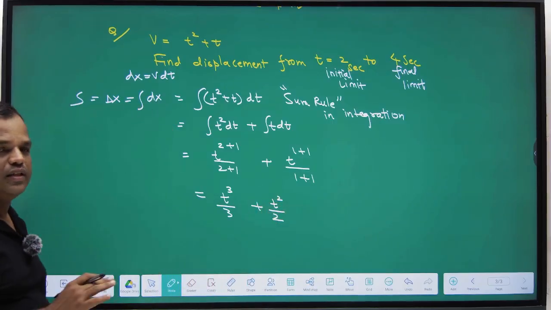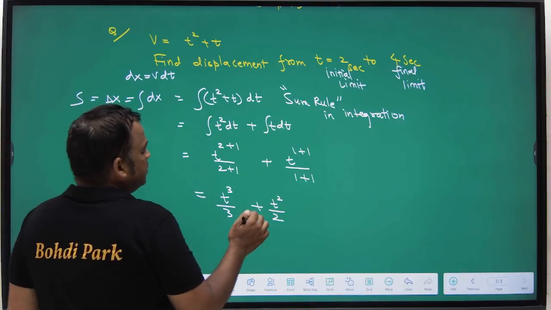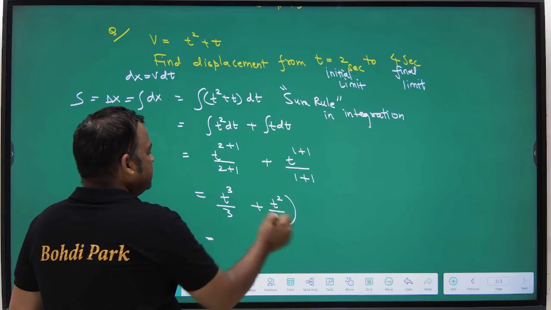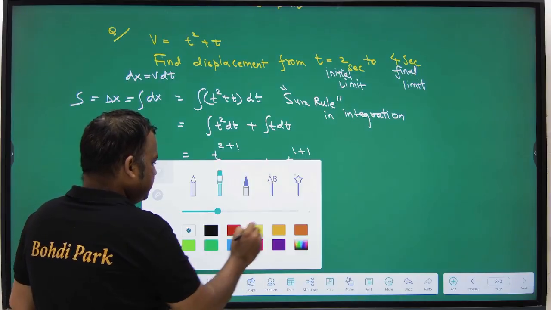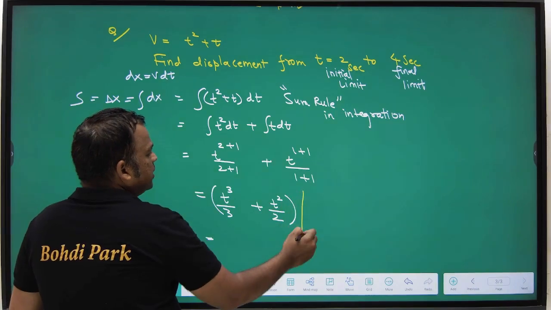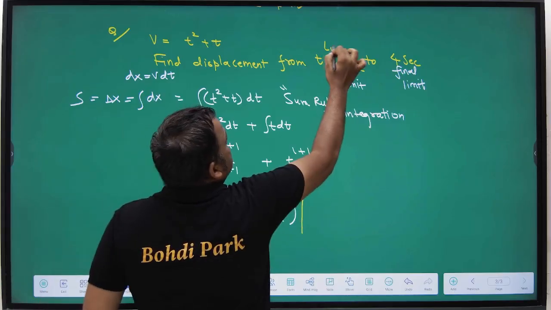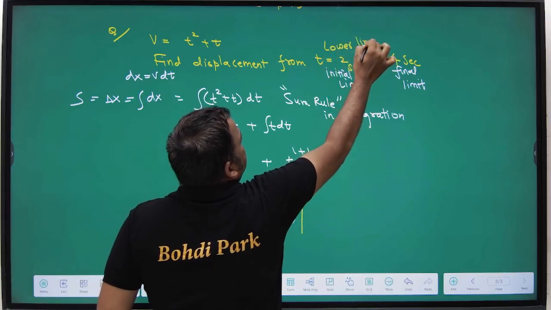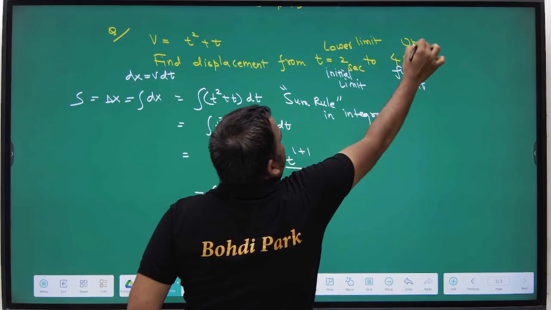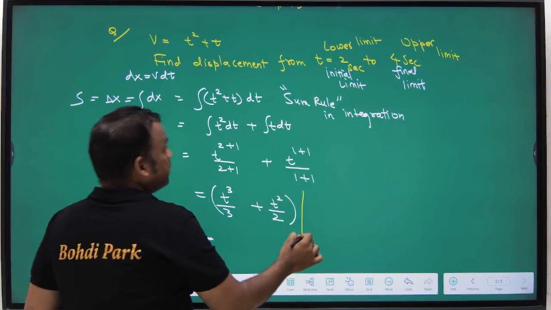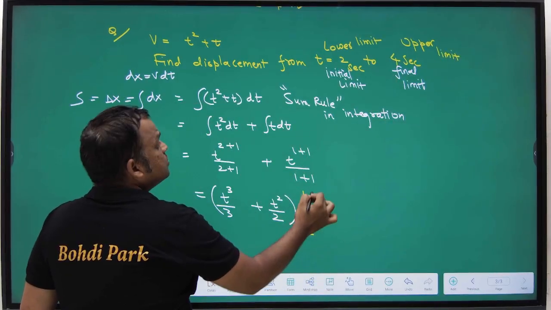This is the integration. Now we will substitute the limits. So here we can write the lower limit is 2, upper limit is 4. This is also known as lower limit, and this is upper limit or final limit. So we will write like this, 2 to 4.